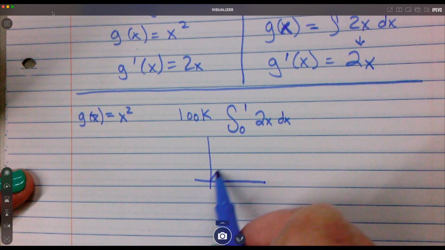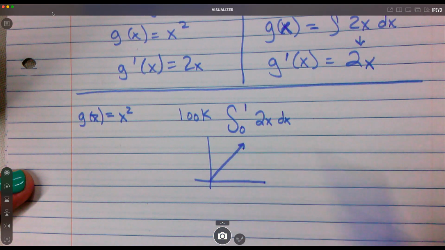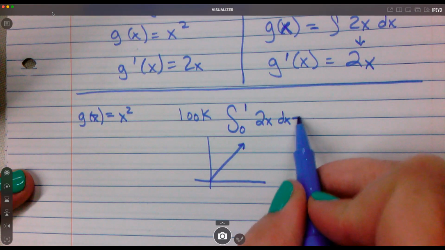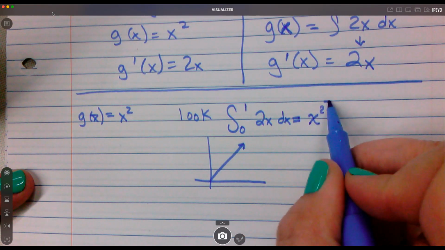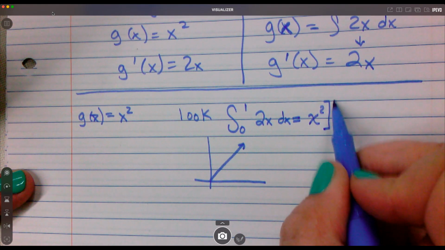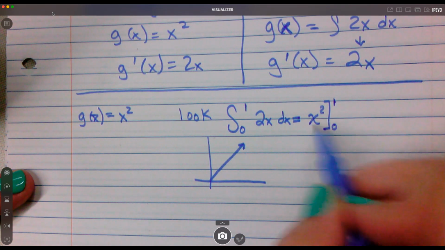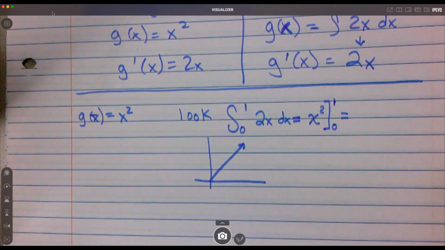The function 2x is going to be a line, right? This would equal the integral of x squared, right? The antiderivative from 1 to 0. And what's the answer to that? 1, right?